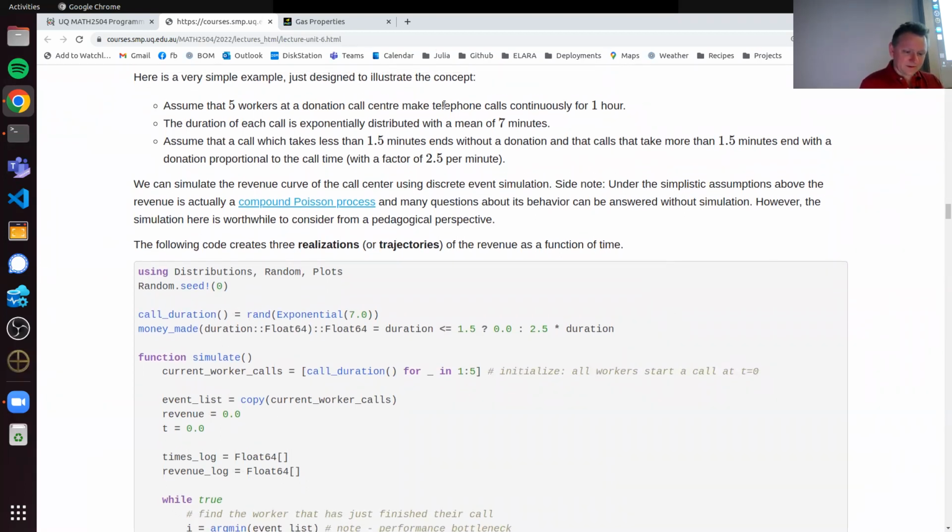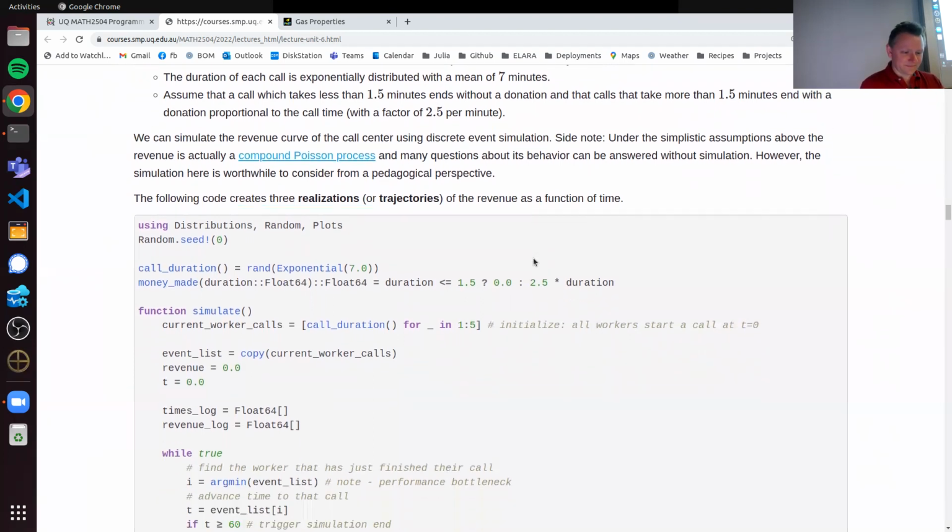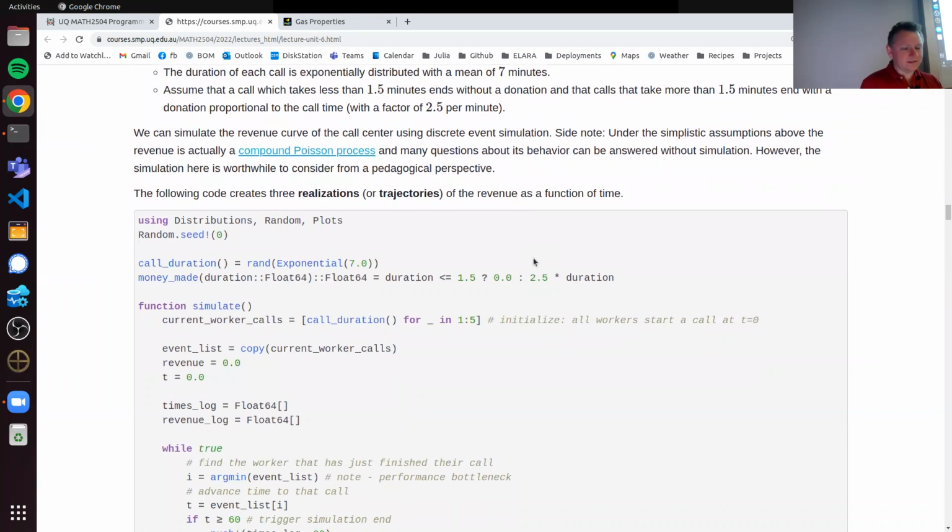So for every minute you stay on the line, you donate $2.50. So we could simulate how this call center generates revenue as a function of time using randomness, using Monte Carlo simulation, okay? So it's not a very fancy or even particularly interesting example, but we just want to sort of get something down in code and on paper and in plots, so you can see what's going on, okay?